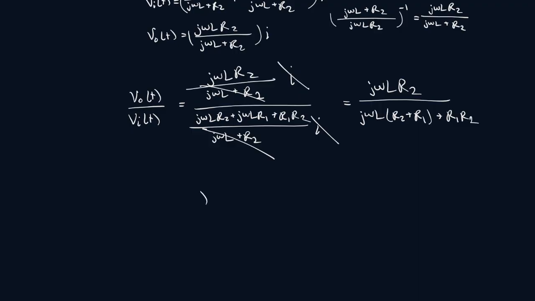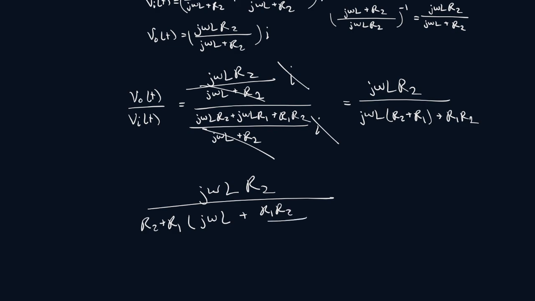Now, what we're going to do next is factor out R1, R2. So we're going to do R2 plus R1 and JWL plus R1 R2 all over R2 plus R1.